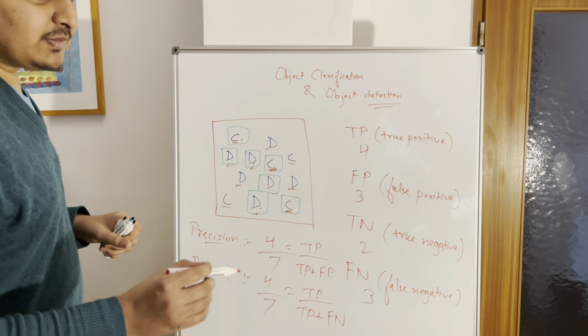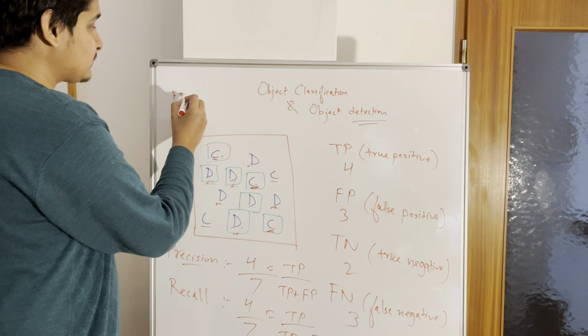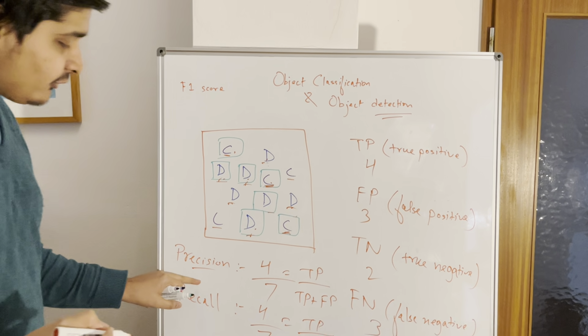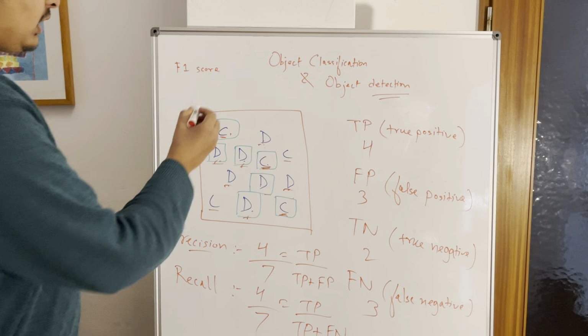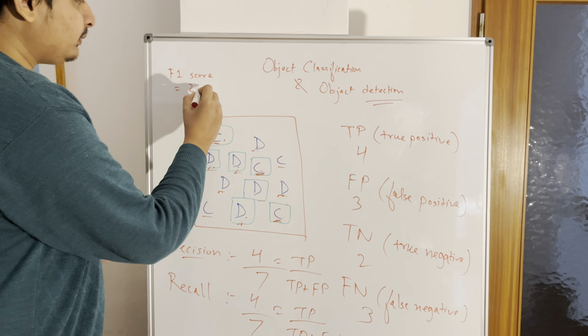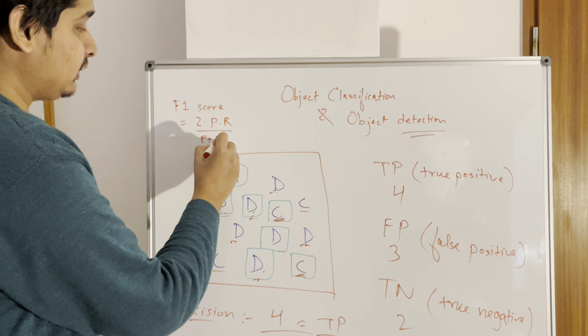Thus comes a score which is known as the F1 score, which is a combination of both of these two. A harmonic mean, the formula is 2 into precision into recall divided by precision plus recall.